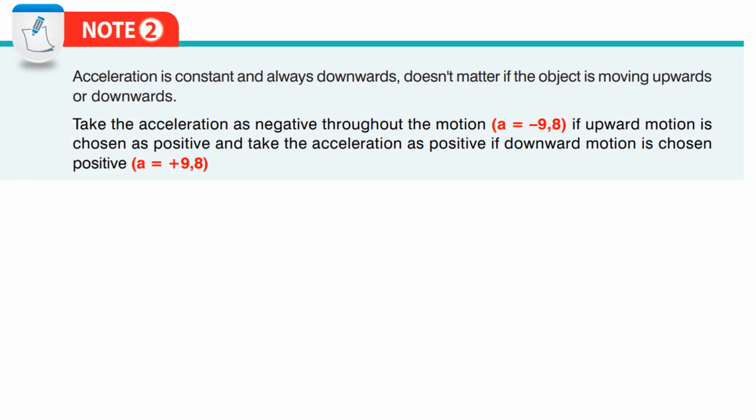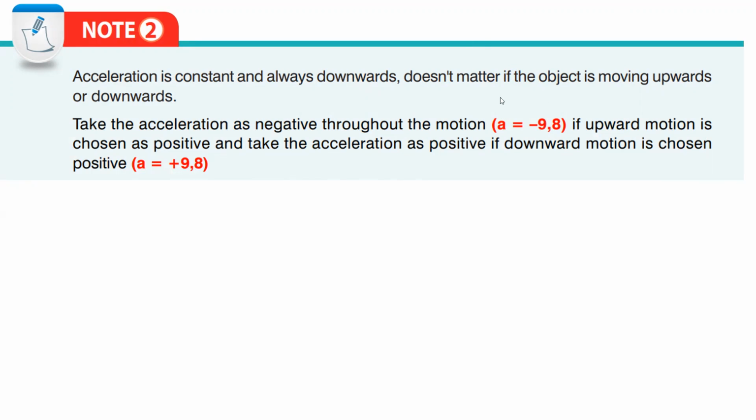If you choose upward motion as positive, your acceleration is negative 9.8, as we explained in the other slide. If you choose downward motion as positive, the acceleration is positive because they have the same direction.